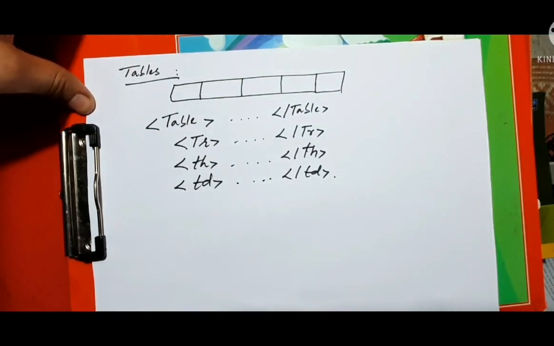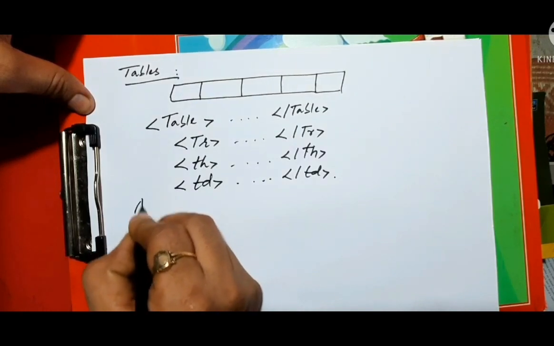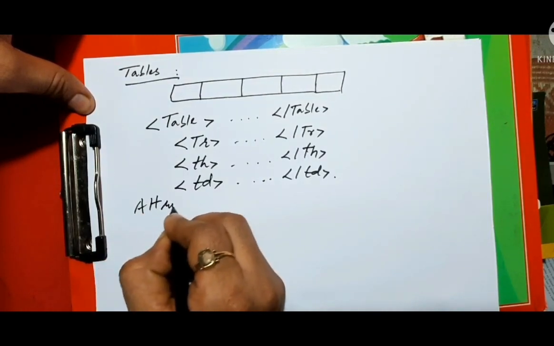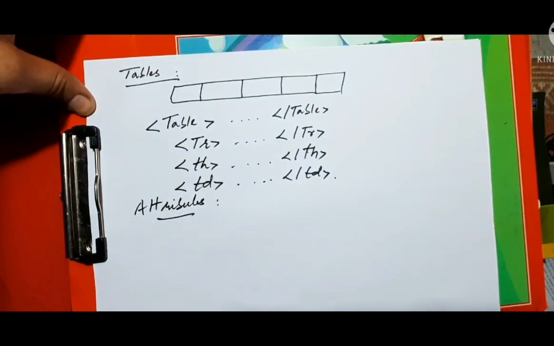Now let's first talk about different attributes which are used in creating the tables. So the first attribute is border.